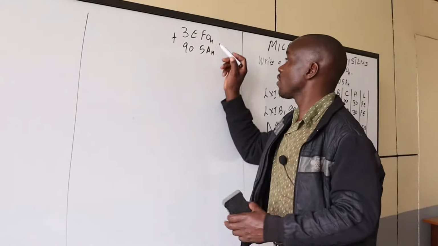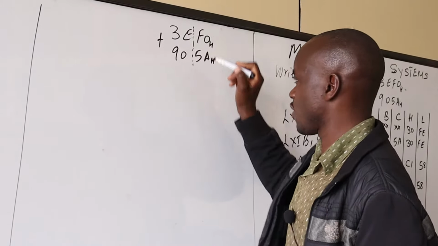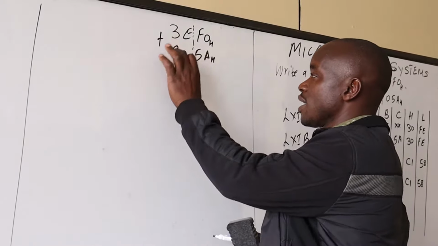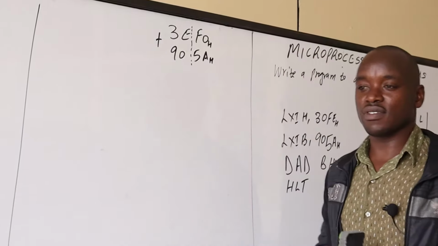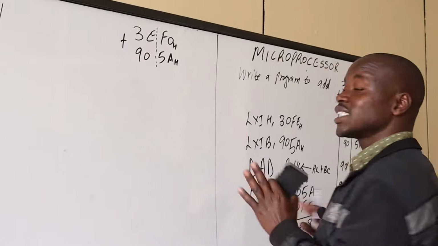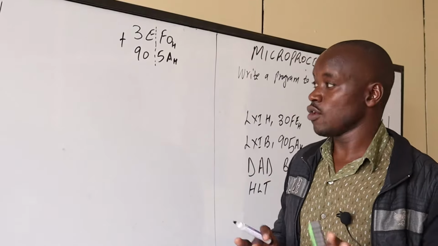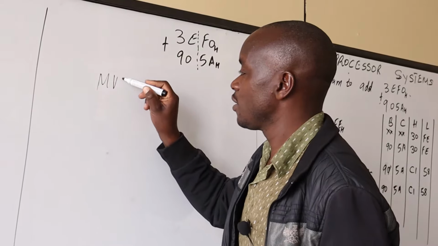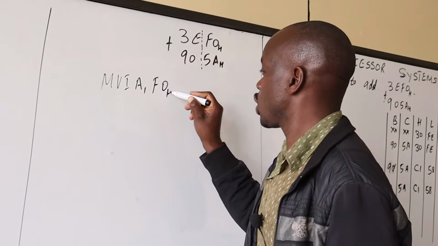So I know from 0 to F, these are 8 bits. So I'm supposed to add this one first, put the result somewhere before I add again the other 8 bits. So in addition of 8 bits, in register pairs, HL is our accumulator. In 8 bits, accumulator is register A. So we start, the first instruction will be move immediate, MVI A, F0H.